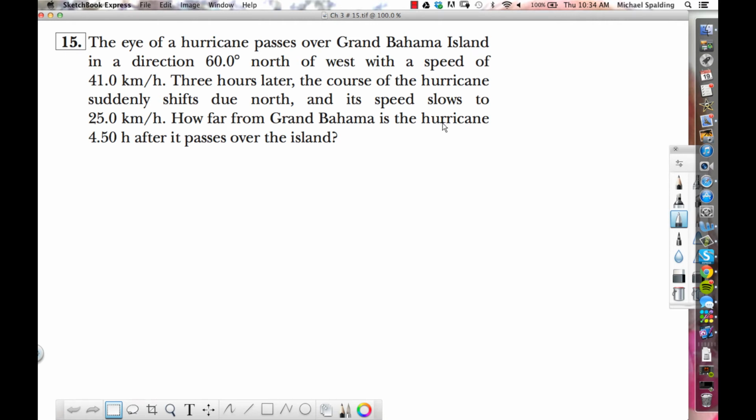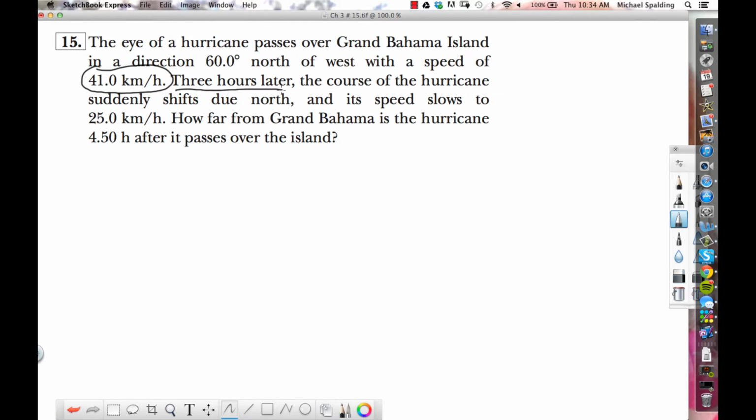So for this problem, the first thing you have to do is figure out some distances. They give you that the hurricane passes over the island 60 degrees northwest with a speed of 41 kilometers per hour.